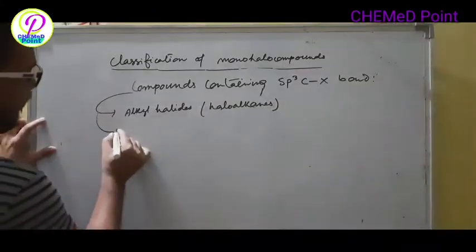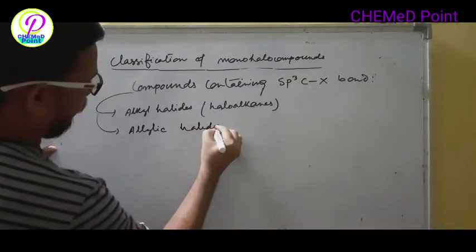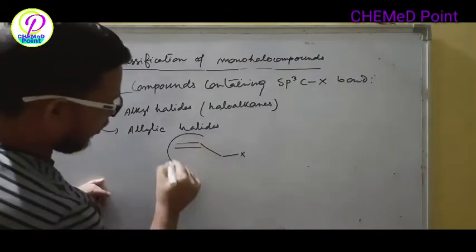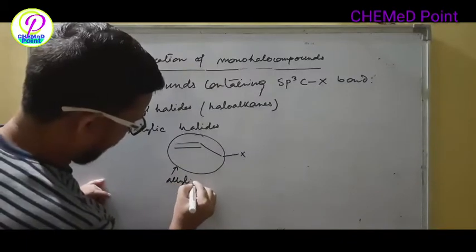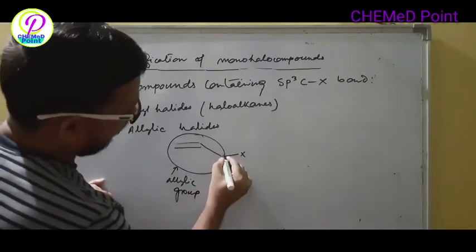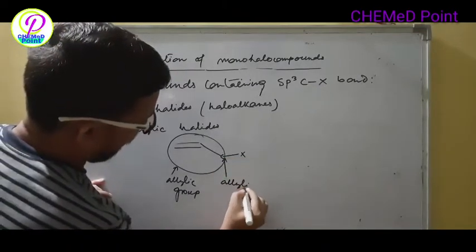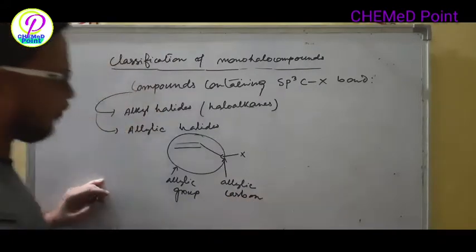The second class, that is allylic halides. Let us take an example. This group is your allylic group. This carbon is allylic carbon.